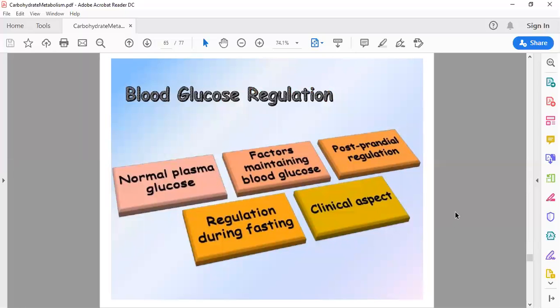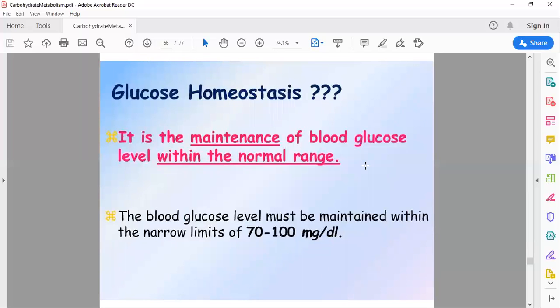Now the next part is blood glucose regulation. As we are all aware, the normal plasma glucose level is indicated here, then factors maintaining blood glucose, and postprandial regulation. So what is glucose homeostasis?